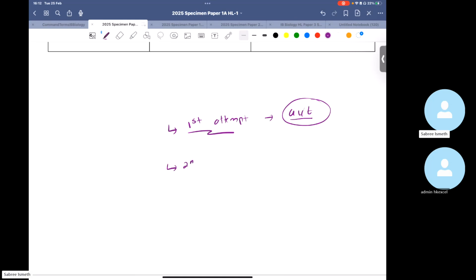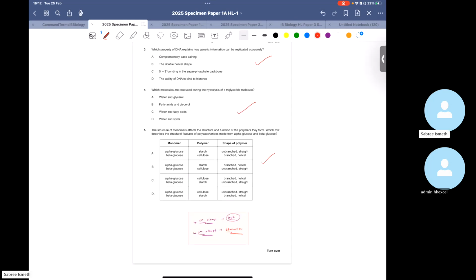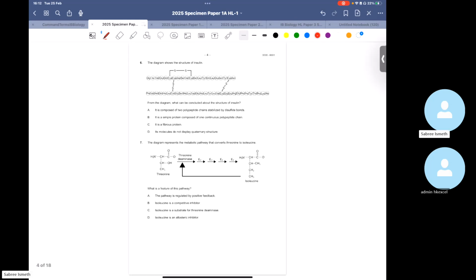However, the second attempt, especially for questions that are a bit difficult, ideally you will mark in the question paper itself, you will do the elimination strategy in order to cut off the wrong answers to finally verify for yourself that this is the most correct answer, essentially.